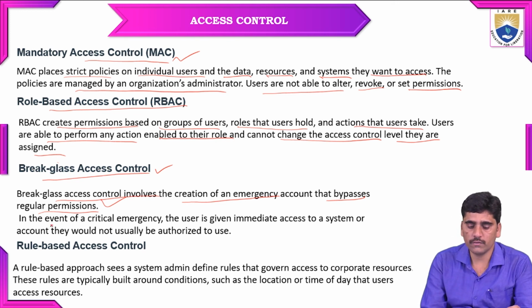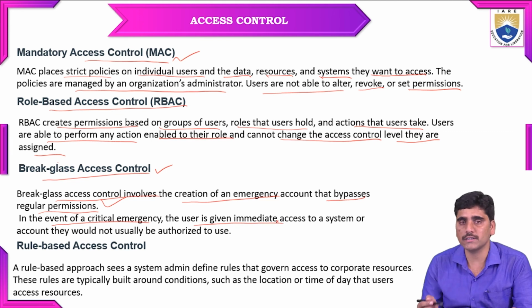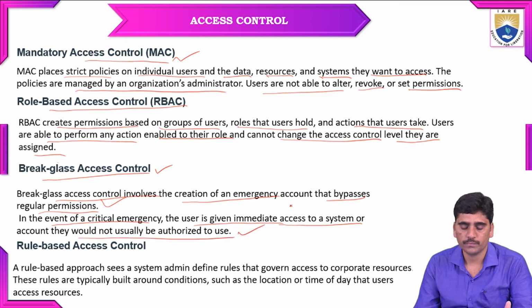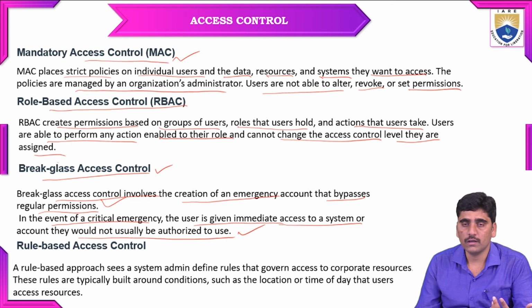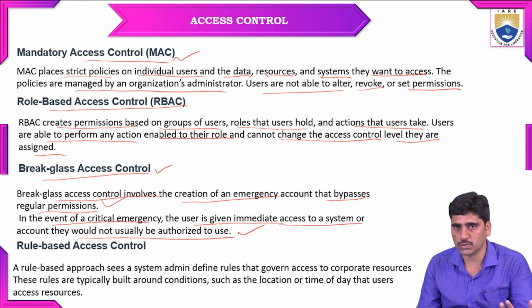In the event of a critical emergency, the user is given immediate access to a system or account they would not usually be authorized to use. So even if the person is not authorized, they can access that particular level if the situation is very critical. At that moment the roles have to be assigned to the lower level also.